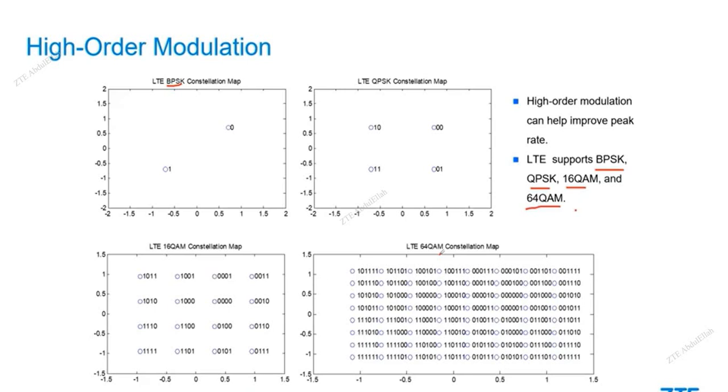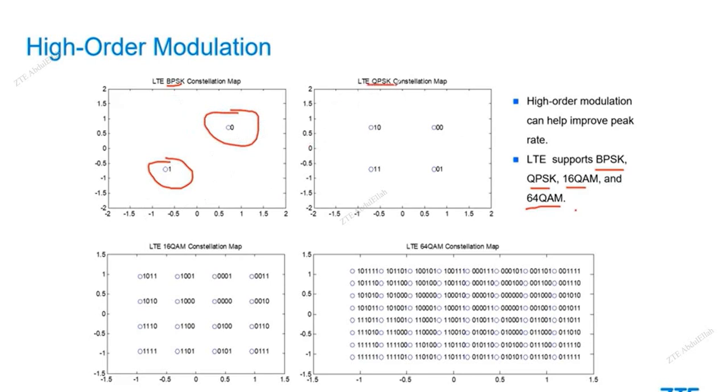Of course, with the same symbol, the more bits, the faster your throughput. Why? Because the symbol rate is the same, so if you can carry more bits, your data rate will be higher. And how do we represent different bits? For example, BPSK and QPSK both use phase to distinguish different bits.